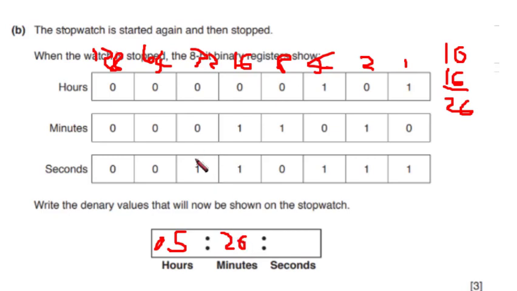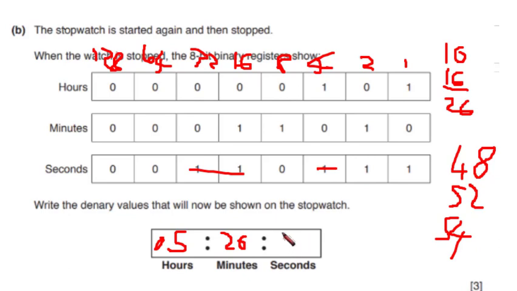And finally, we've got 32 plus 16, which is 48. So we've done that. Plus 4 is 52. So we've done that. And plus 2 is 54. Oh, I forgot that one as well. So 55.